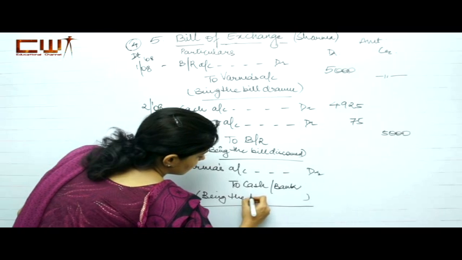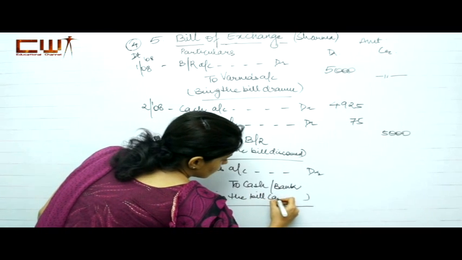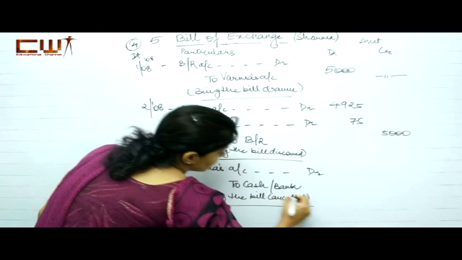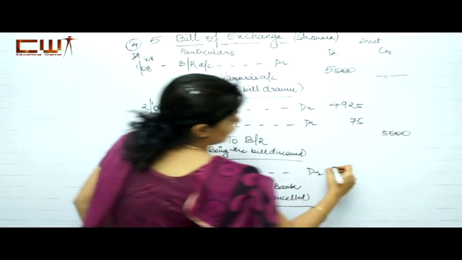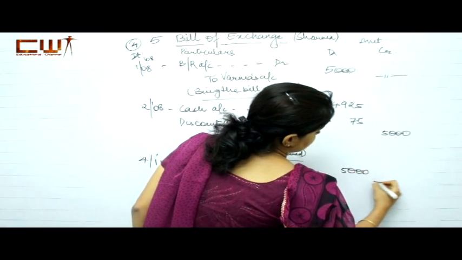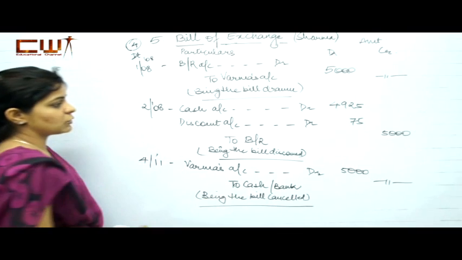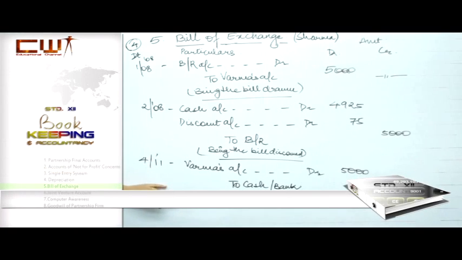Being the bill cancelled. How much is it for? 5,000. Actually we write 5,000 because finally Mr. Verma will be paying 5,000. It is we who have received the money early because we wanted the money before the due date. So this is the entry till cancellation.